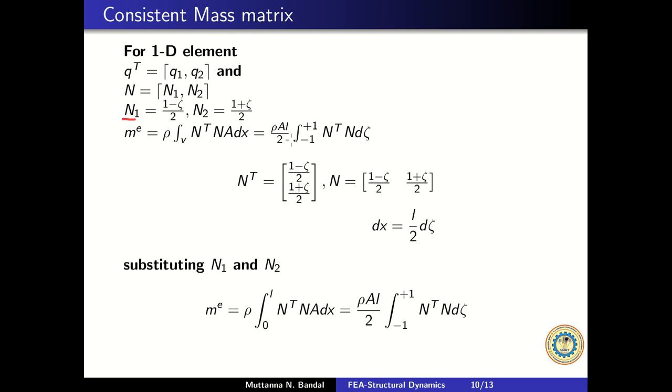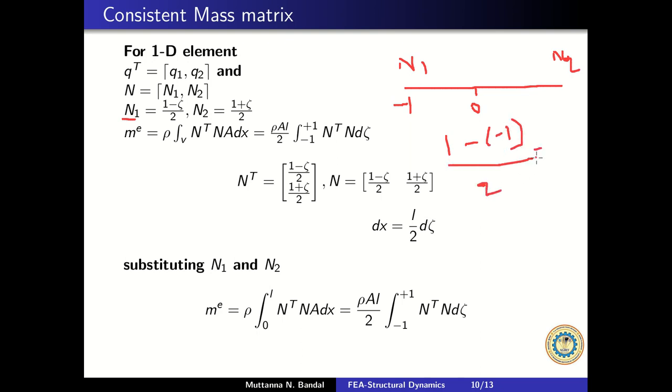Suppose if I say this is 0, and this is N1 and this is N2, and I substitute zeta equal to minus 1, it will be minus of minus 1 divided by 2, so that is equal to 1.